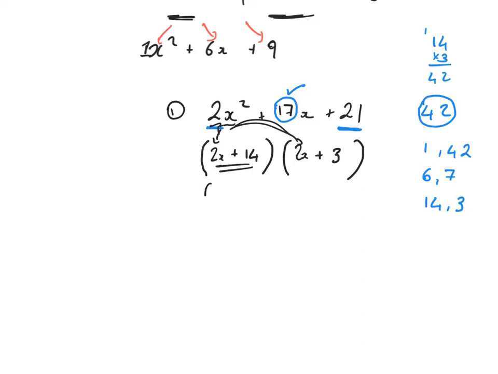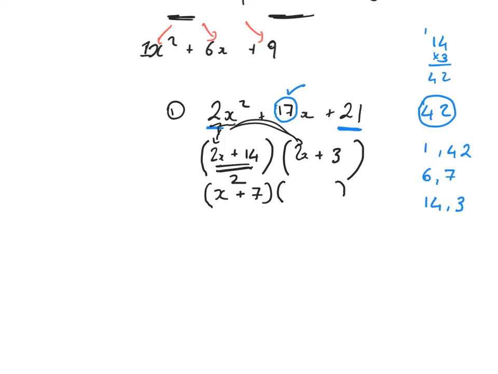So 2 into 2x goes x times, 2 into 14 goes 7 times, so we're down to x plus 7.